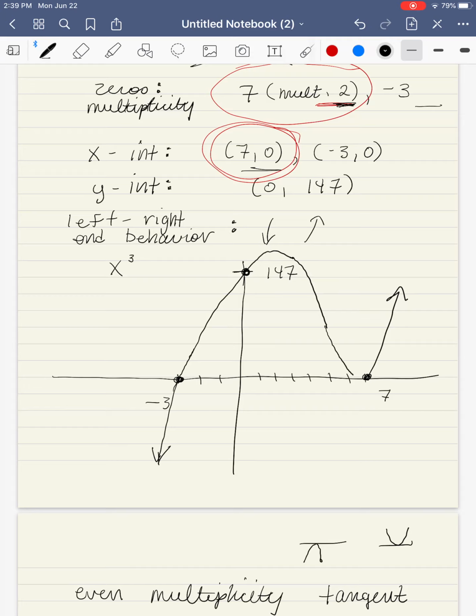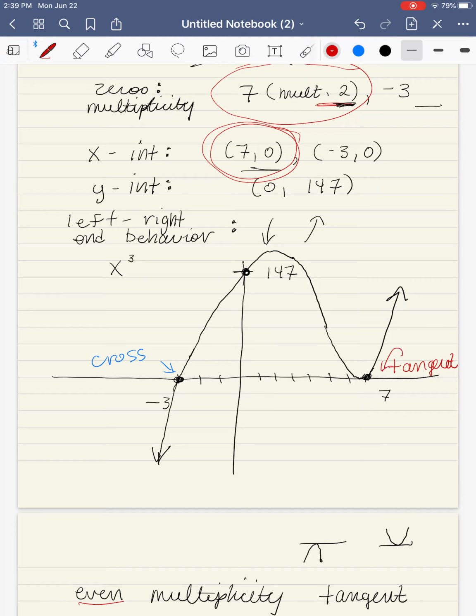And notice at 7, we have multiplicity 2. 2 is an even number, so we know the graph is going to touch and go straight back and be tangent at 7 because of the even multiplicity.